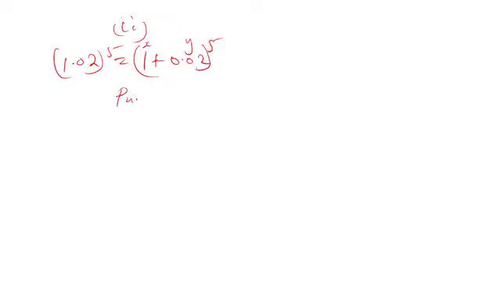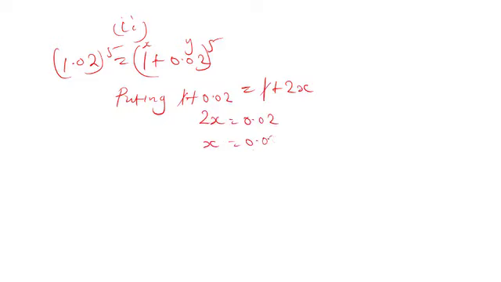But remember, putting 1 plus 0.02 to being equals to 1 plus 2x. 1 goes with 1. We now have 2x to be equal 0.02. So with this, x is equal 0.02 divided by 2. That makes our value, 2 here is 1, so the value is 0.01. So the value of x is 0.01.